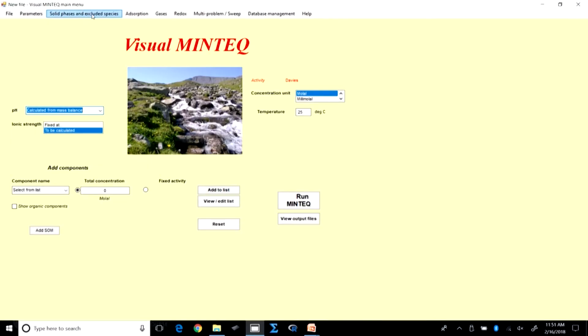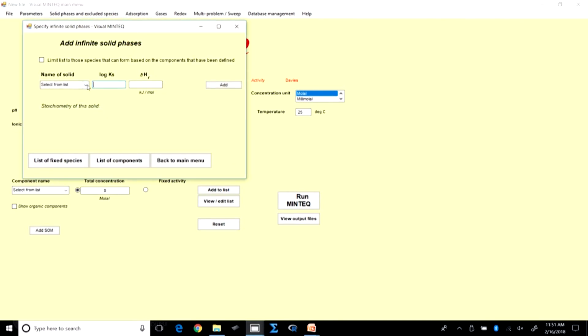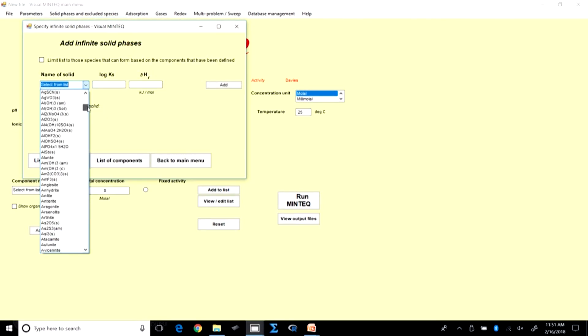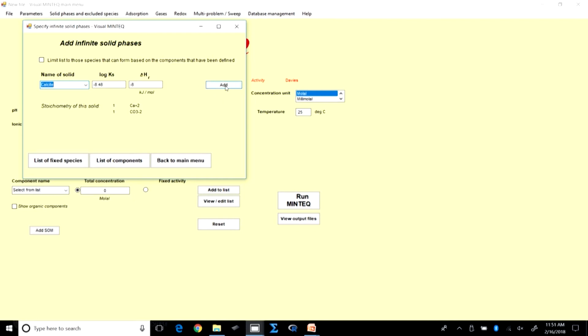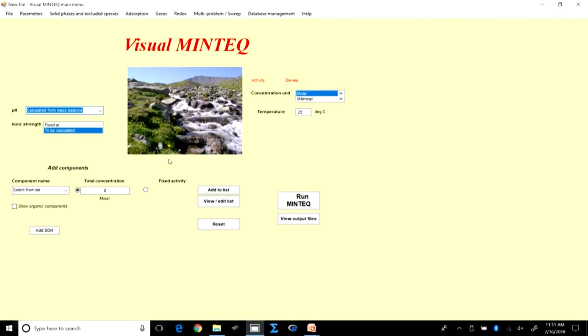For one example, we are going to choose the infinite solid phases, and here I am going to choose calcite, a source of CaCO3. Where is that? Okay, here it's calcite. I am going to say add, back to main menu. So what are we trying to set up?